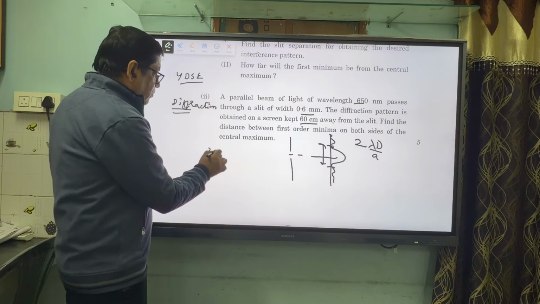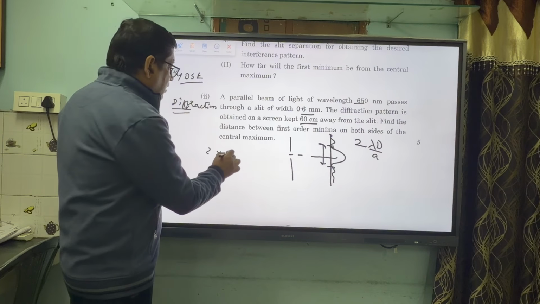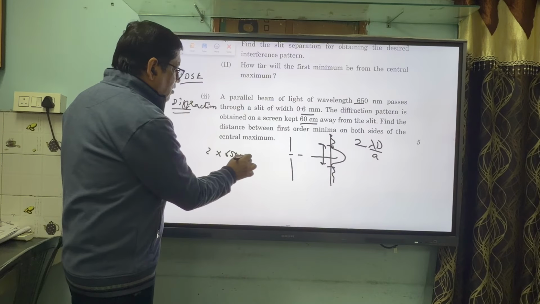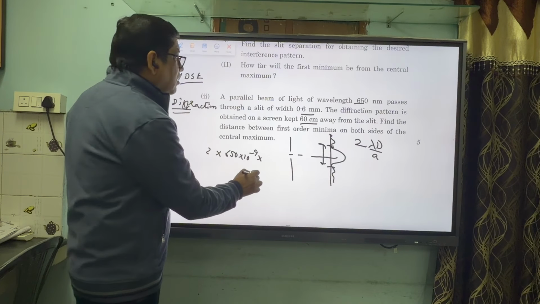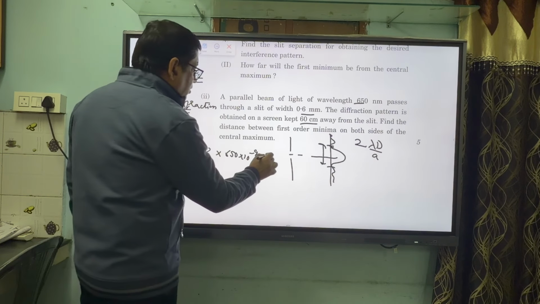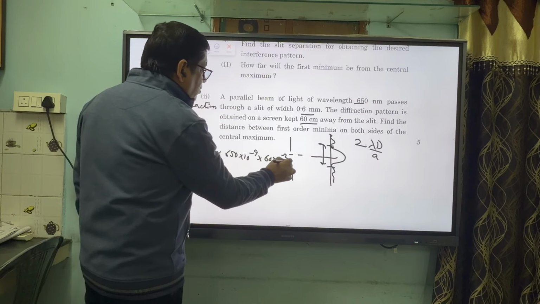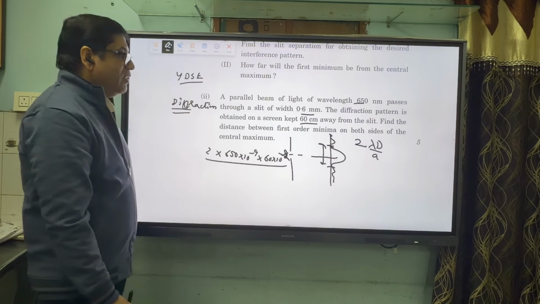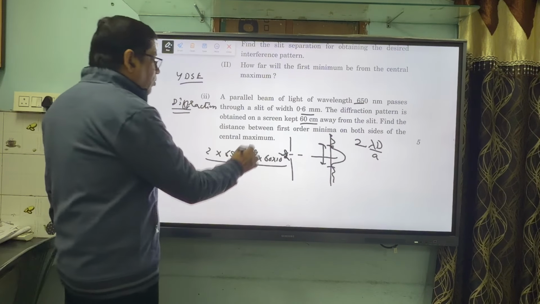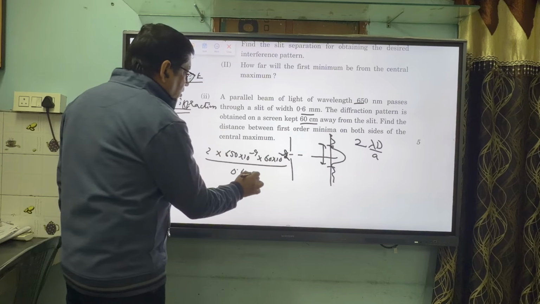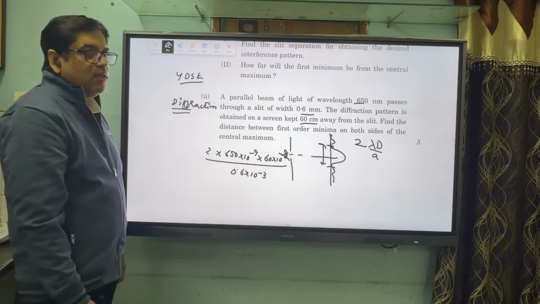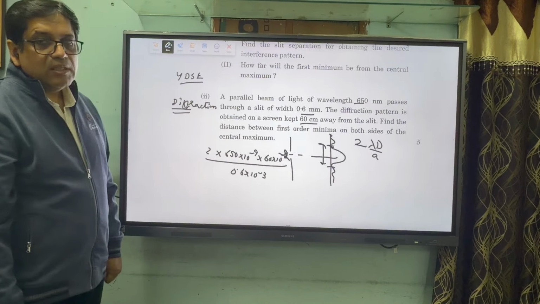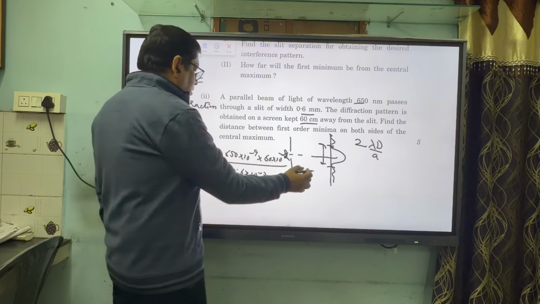2 lambda की वैल्यू 650 into 10 to minus 9. Capital D 60 सेंटीमीटर, 60 into 10 to minus 2, सेंटीमीटर को मीटर बना लिया. And then small a, slit width is how much? 0.6 into 10 to minus 3. So on solving we'll get the value of distance between minima on both sides.